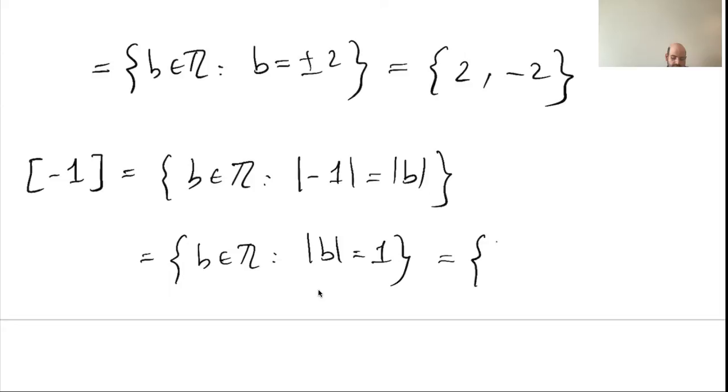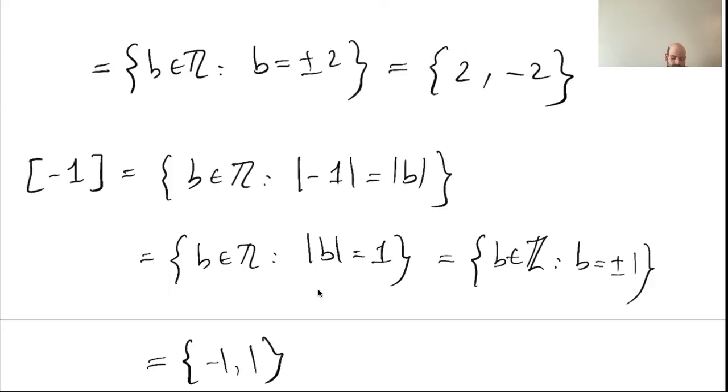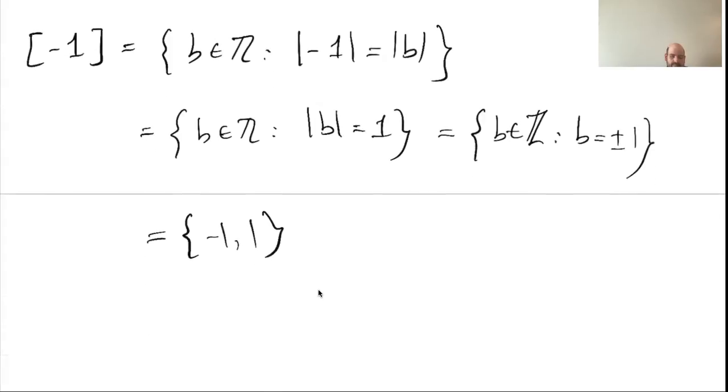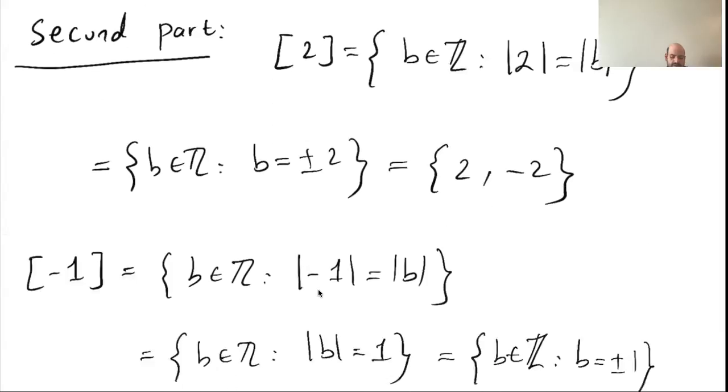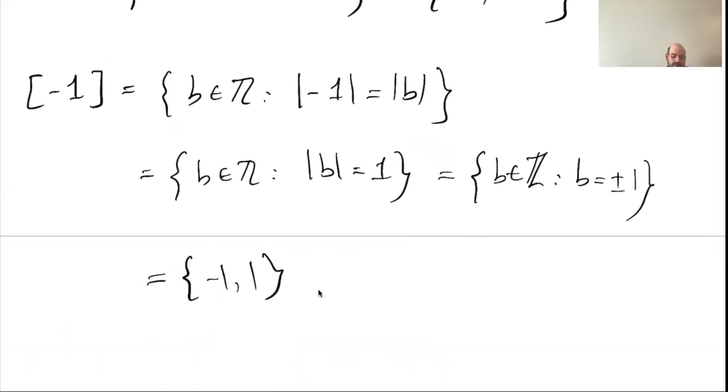And this means all b in Z such that b is equal to plus or minus 1. So this is a set with 2 elements, -1 and 1. Okay, so the class of 2 is the set {2, -2}. The equivalence class of -1 is the set {-1, 1}.